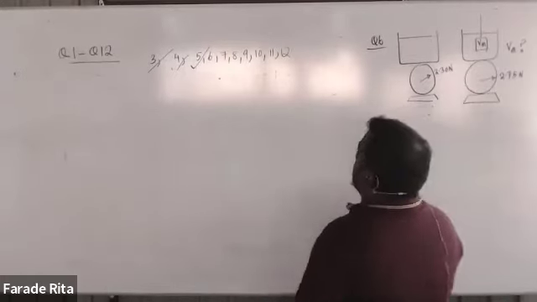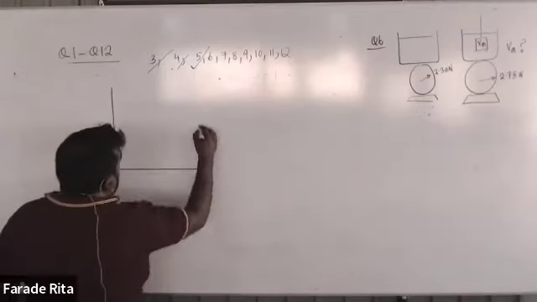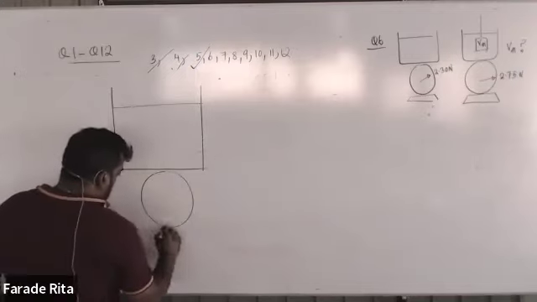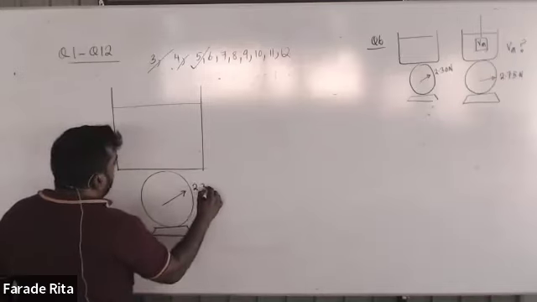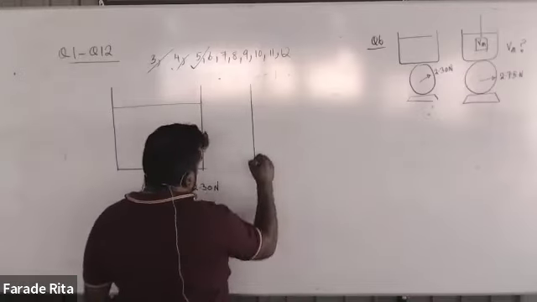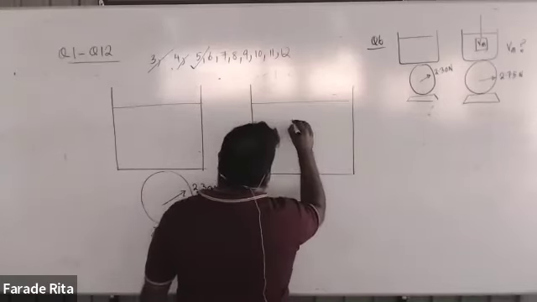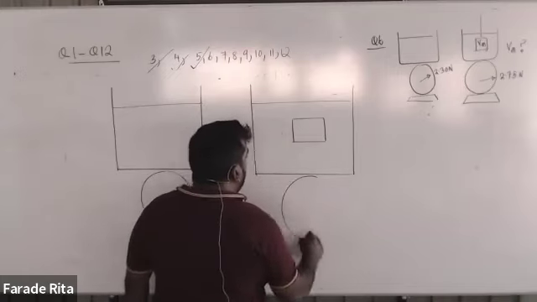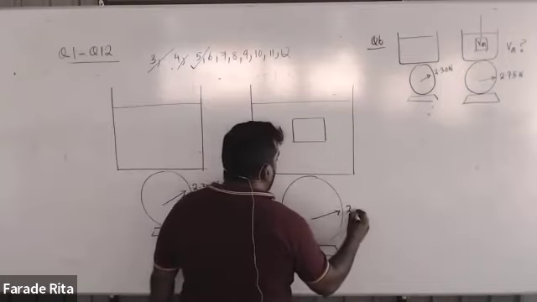Because of the upthrust. Have a look. Here there is a beaker filled with water. The reading here is 2.30 Newton. Now, when fully submerged, the reading has become 2.75 Newton.